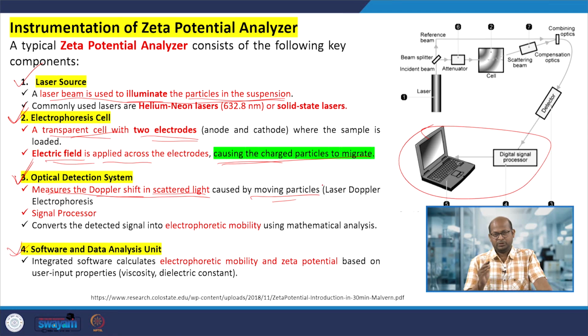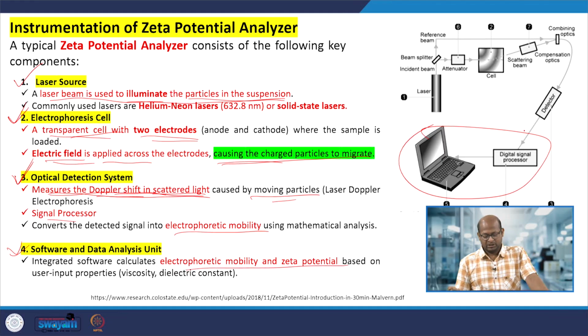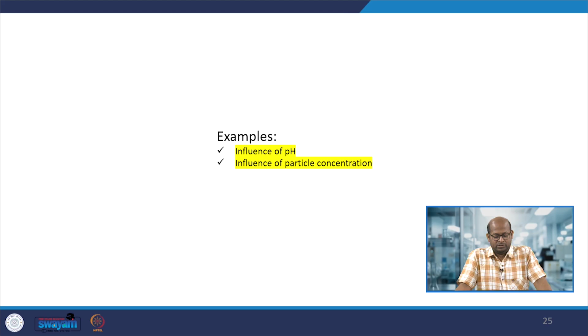Once particles move and light falls on them, the Doppler shift of the scattered light is collected in a detector, and with the help of the detector and optical system, we can find out the movement and the zeta potential.